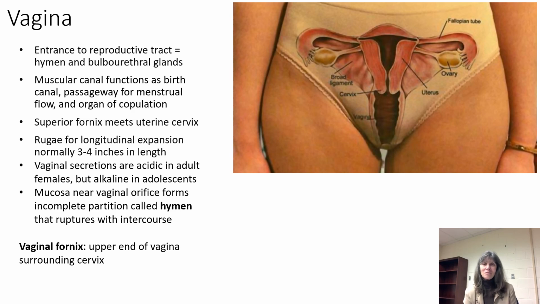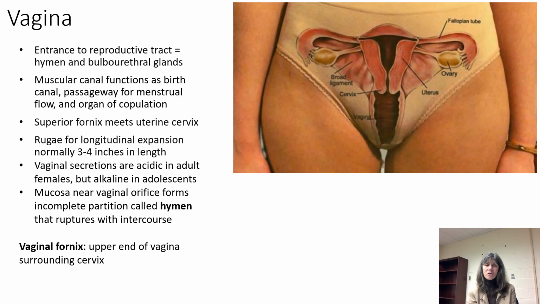There are rugae, which are folds inside the vagina for longitudinal expansion, because normally the vagina is 3 to 4 inches in length. During sexual excitation in the female, the vagina actually becomes engorged with blood and lengthens internally. Vaginal secretions are acidic in adult females. They're alkaline in adolescents.